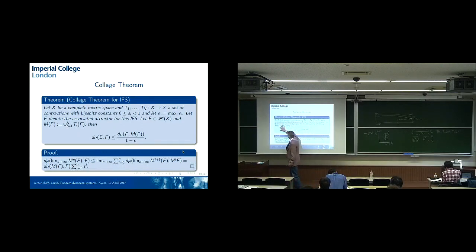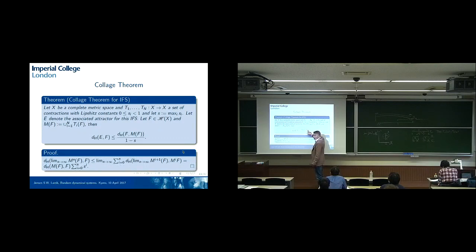If f is invariant under this operator, it is a fixed point, and we have a unique one. Sorry, f is not invariant, so not invariant, sorry, this is the image. E will be the invariant one. So the Hausdorff distance between E and f is smaller or equal than the Hausdorff distance between f and M of f. So this is my target picture.